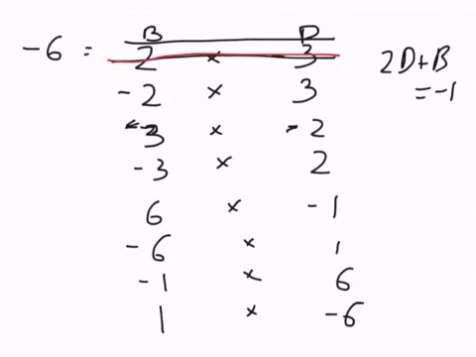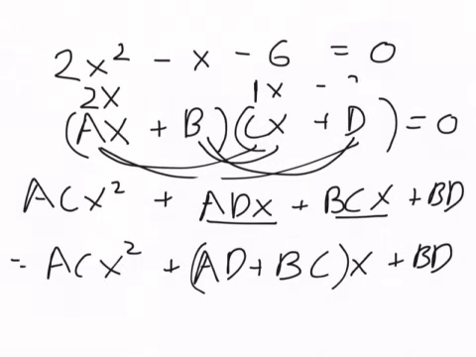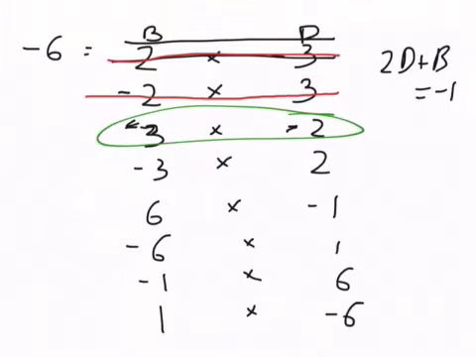The second case, 2 times 3, 2D, equals 6, minus 2 equals 4, still does not satisfy it. Bit of a shame there. But maybe we'll have more luck in the third case. 2 times minus 2 is minus 4, plus 3, where B is 3, equals minus 1. Yay! We found it. And that satisfies everything. So the answer is D is minus 2 and B is 3.